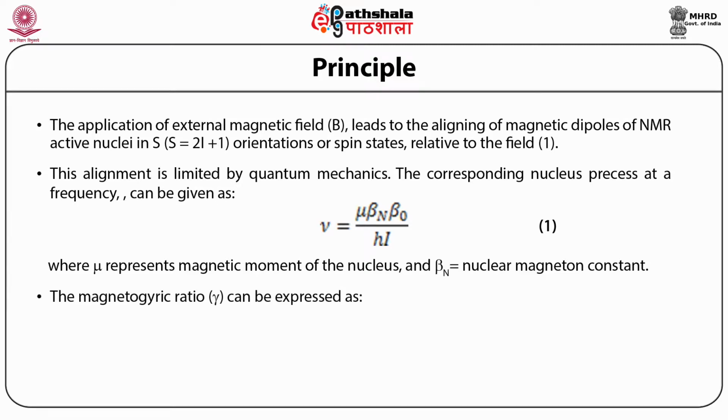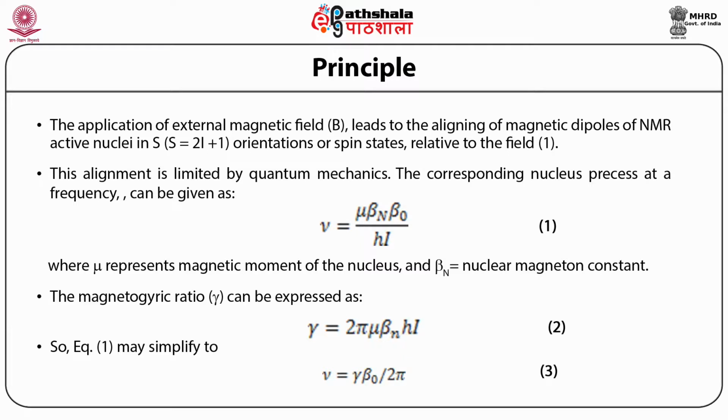So the magnetogyric ratio, that is gamma, can be expressed as gamma is equal to 2 pi mu beta n upon h. So equation 1 becomes nu is equal to gamma times B naught by 2 pi.